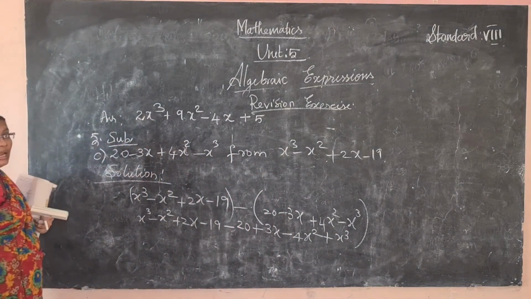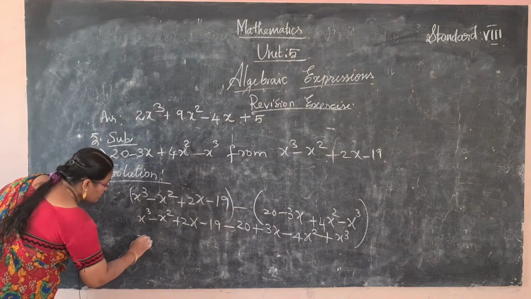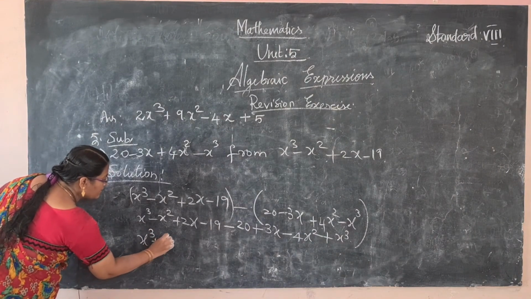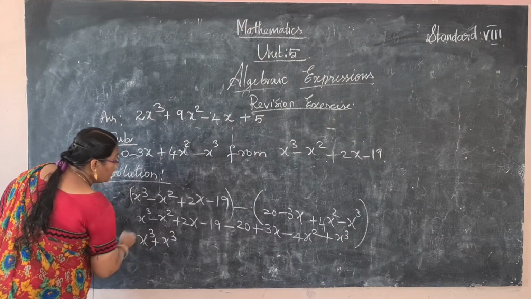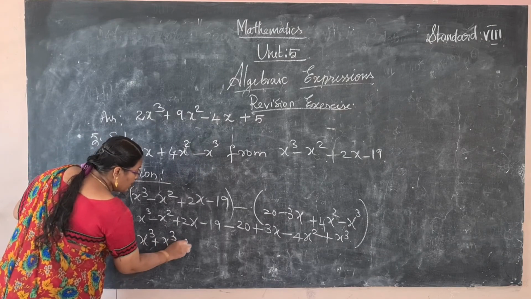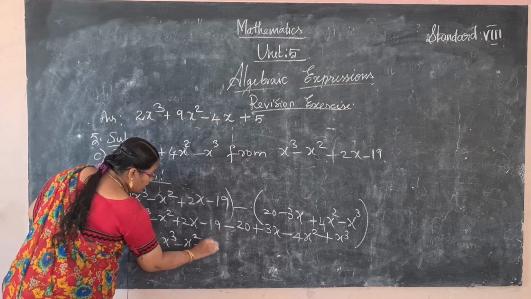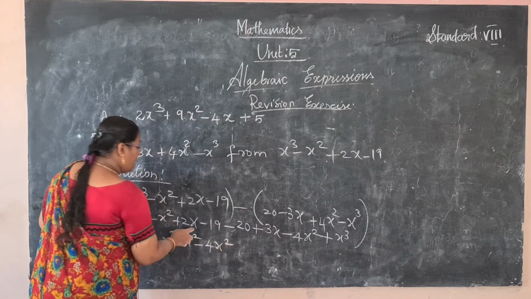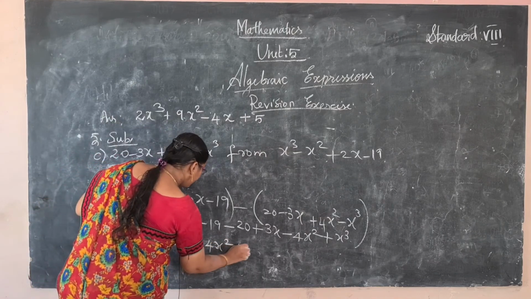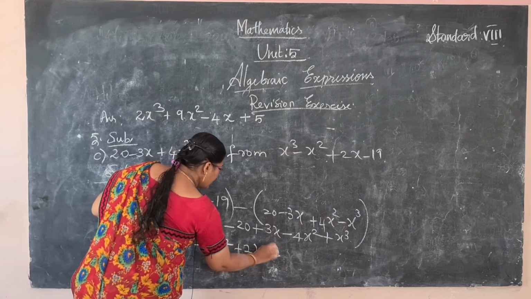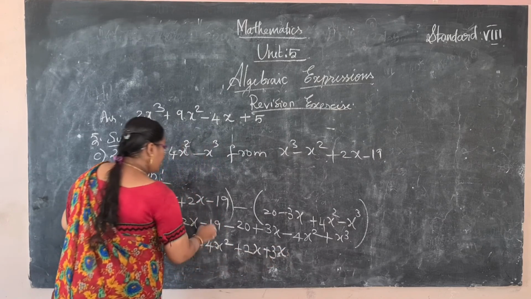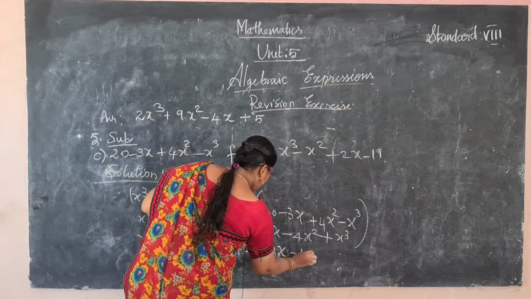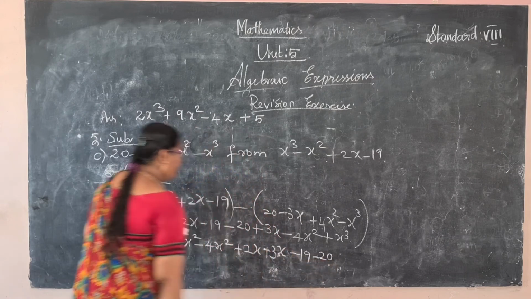Now arrange the like terms. x^3 plus x^3, and then the x^2 terms: minus x^2 minus 4x^2, and then the x terms: plus 2x plus 3x, minus 19 minus 20.